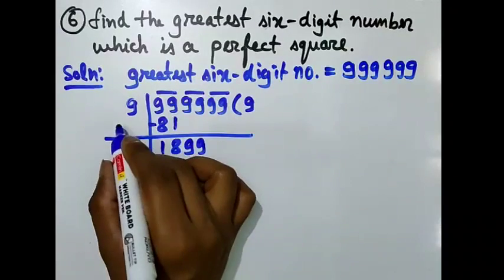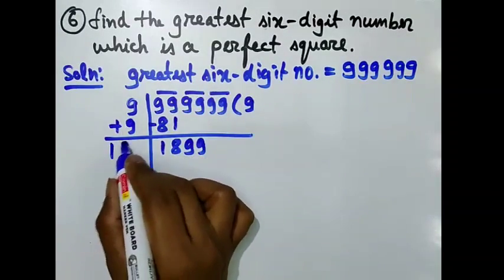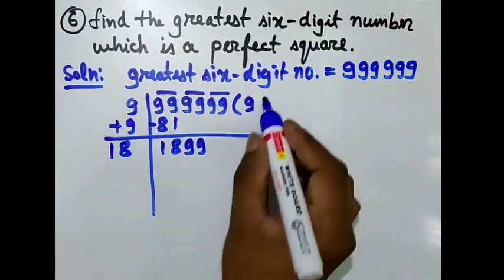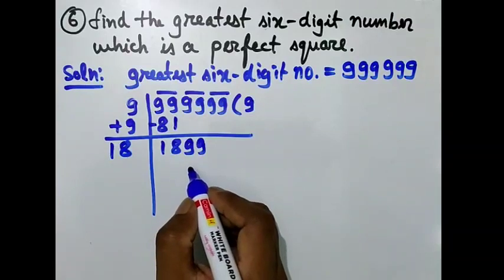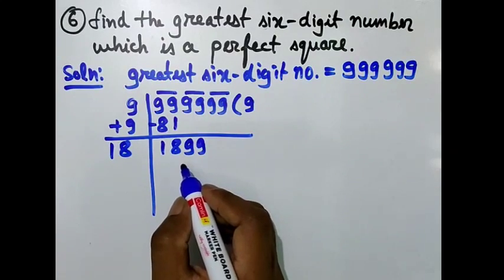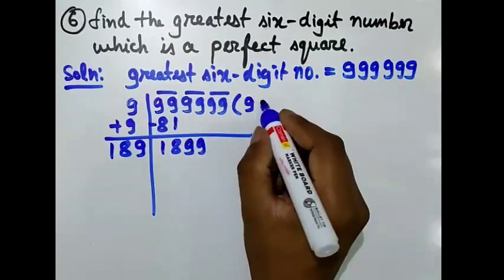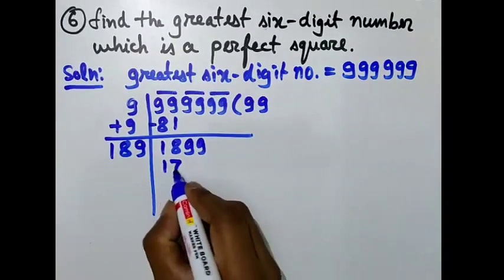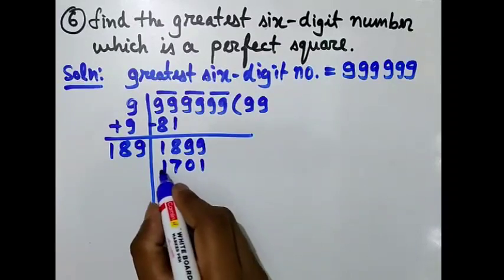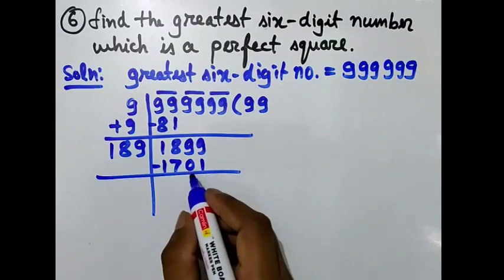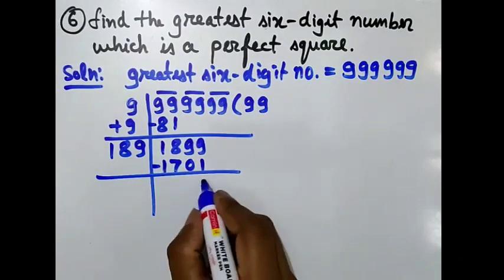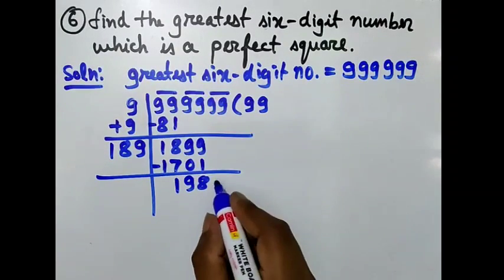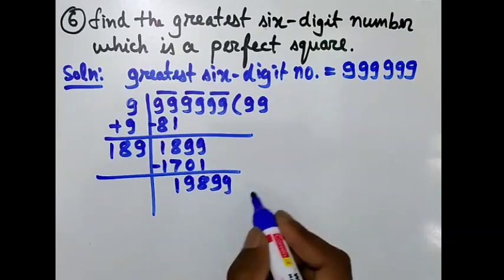What I multiplied was 9, so we'll add 9 and get 18. Now we take 189 times 9, we get 1701. Let's subtract. We get 198, and bring down the next pair, that is 99.